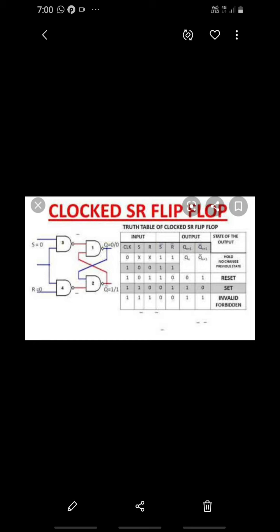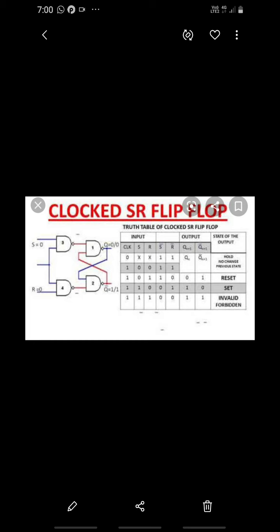When clock is high and input is 0, 1, then operation is reset. And when the clock is high, applying SR is 1, 0, then output Q and Q bar is 1, 0, and it is set.